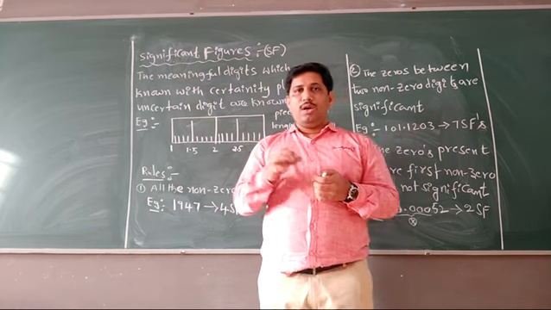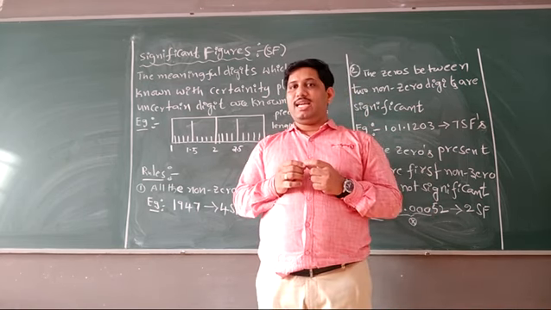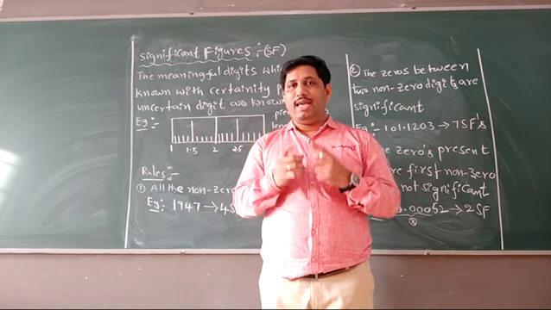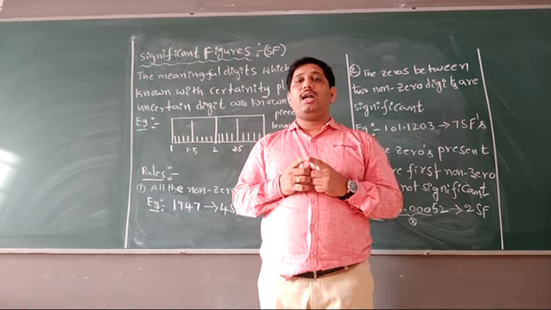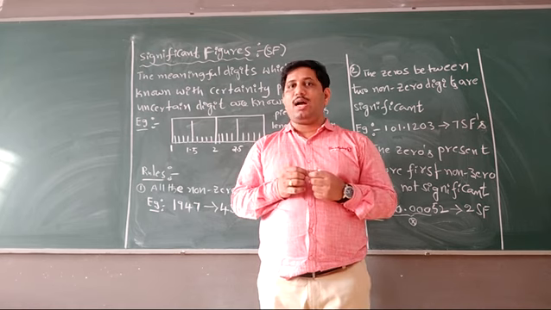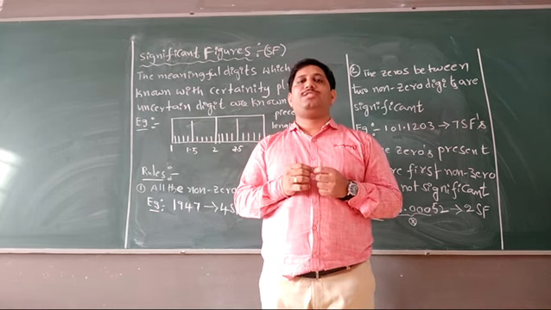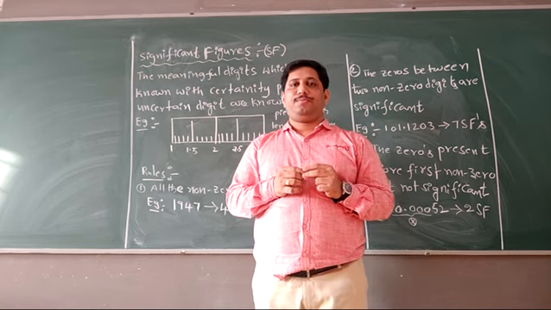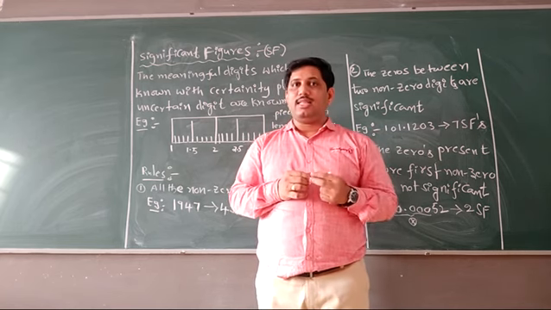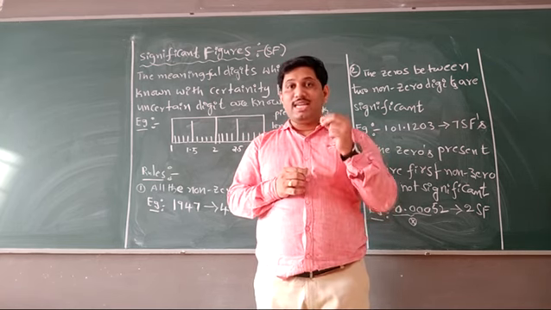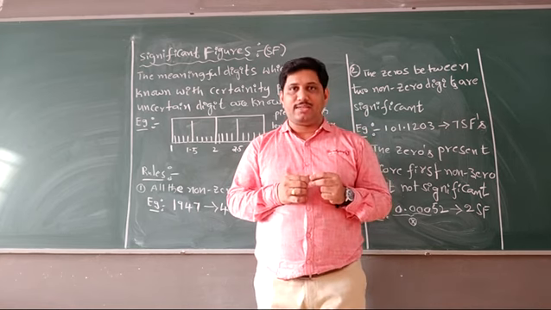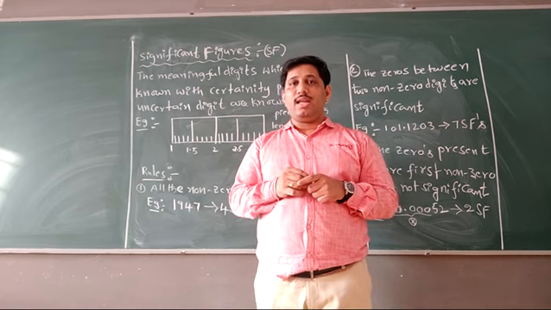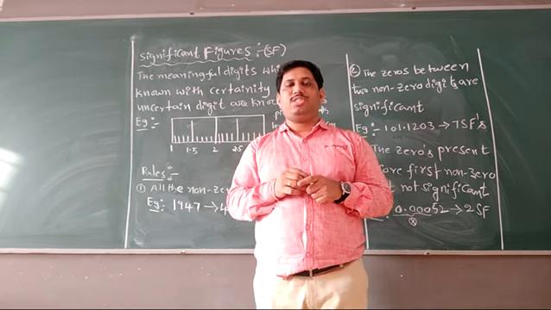For example, we are measuring the thickness of a rubber ball by using vernier calipers, or the thickness of a copper wire by using a screw gauge. If the screw gauge or vernier calipers has any defect, then definitely that measurement will have error.